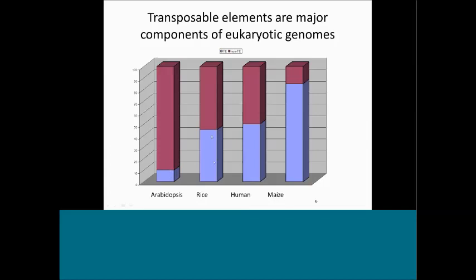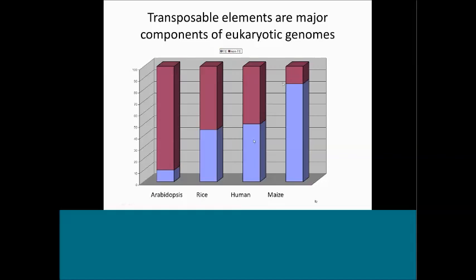But if we look at rice, which is 400 megabases, above half of the genome is transposable elements. And in humans, ourselves, half of the genome is transposable elements. The small transposon like Alu has 1 million copies in everybody's genome.